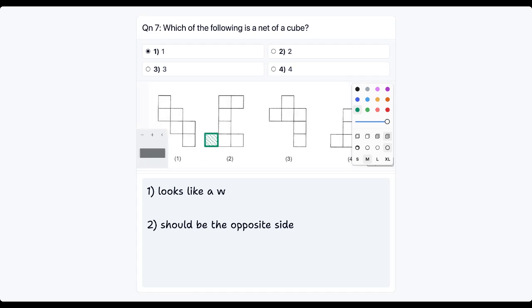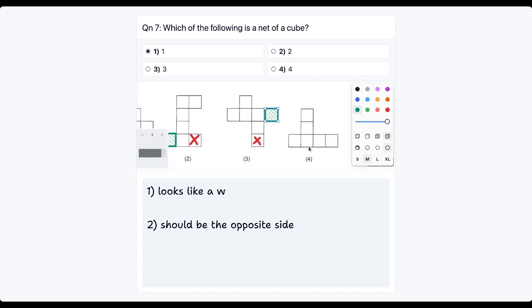How about number three? It should be here, right? So actually, I'm going to cancel. This is wrong, and this is wrong as well. So this should be over here, or sorry, like this. It should look like this.